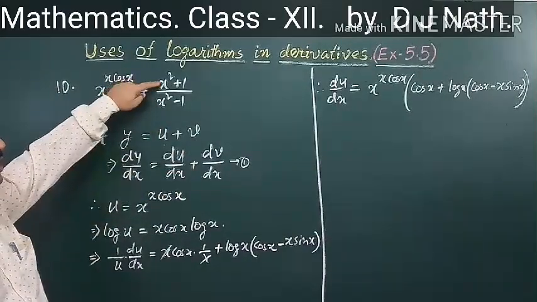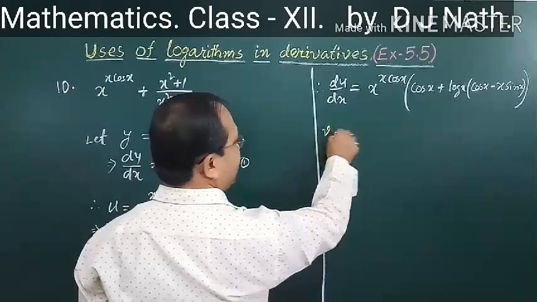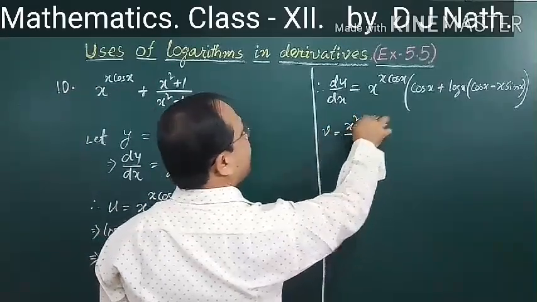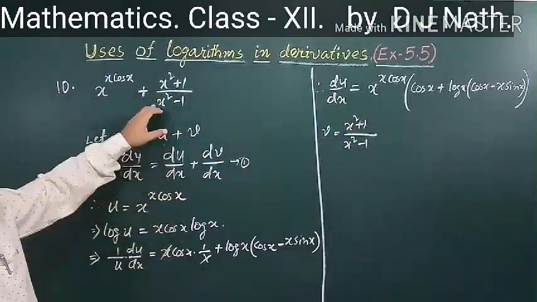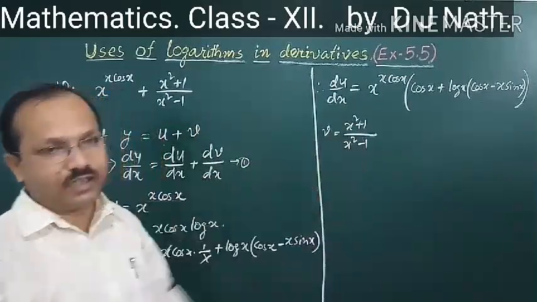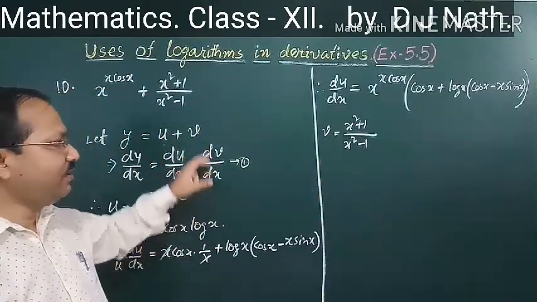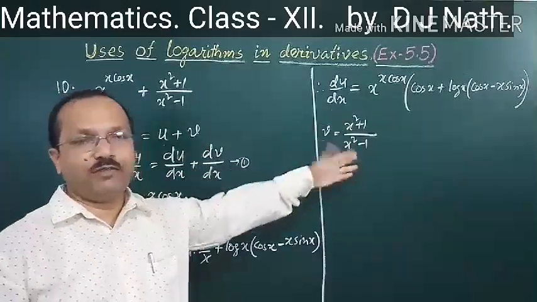And then what is v? V is (x square plus 1) by (x square minus 1). Now here whether it is required to take log, because here it is u by v form, no need of taking log. Our purpose is to find dv/dx. So here we can directly differentiate by the u by v method.